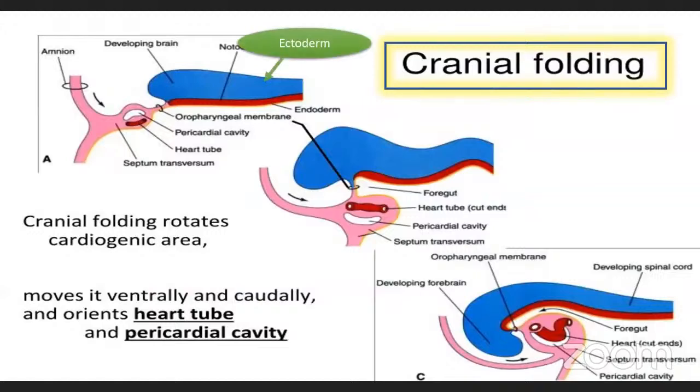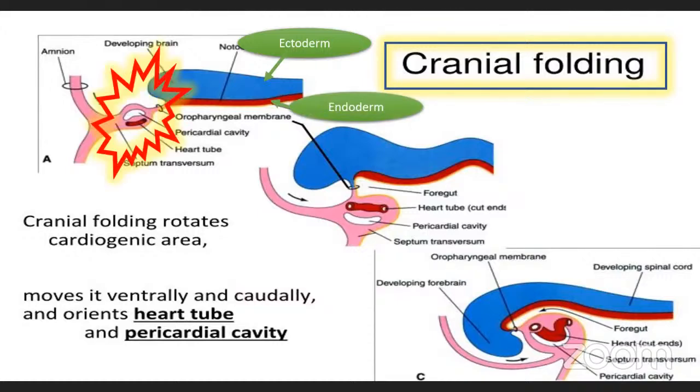So this is the ectoderm and the endoderm, and in front is the cardiogenic area or clump of mesoderm, which will become the heart tube. And here's the membrane which connects the cardiogenic mesoderm to the ectoderm and endoderm. It's called the oropharyngeal membrane. Again, this mesoderm undergoes differentiation by the growth factors released from the endoderm, forming the heart tube and the pericardial cavity. The same process we have in cross-section.